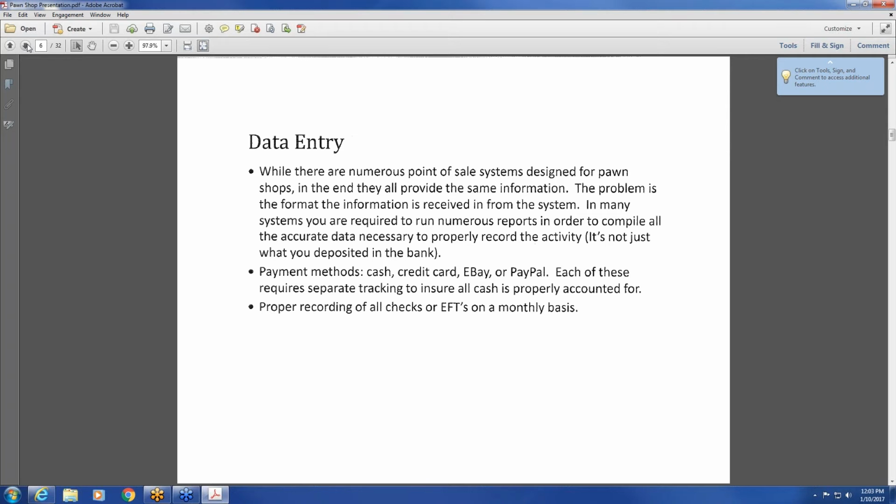If that integration is not set up properly, then that's not going to post to your system correctly either. So the setup on both sides, both in your chart of accounts and in your pawn software, is going to be important to that integration working properly, or if you're going to do manual entry in order to get that information in there to get it posted to the right account.